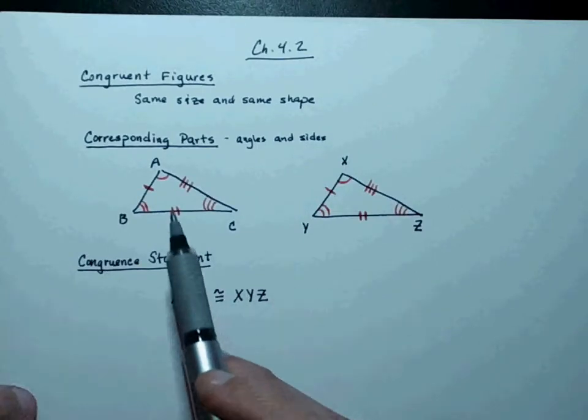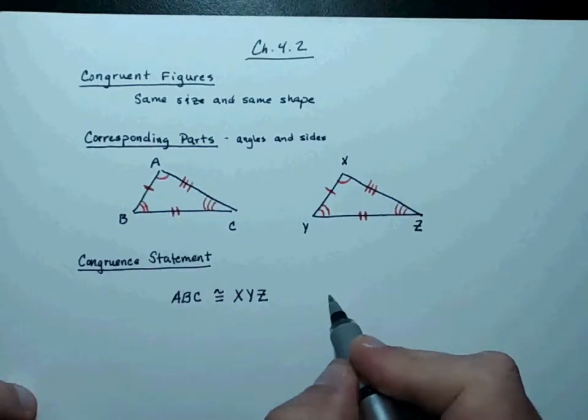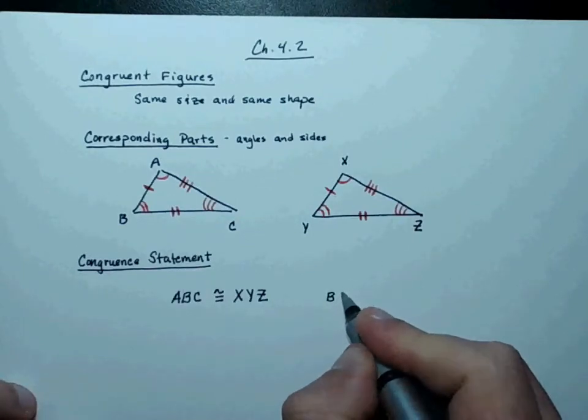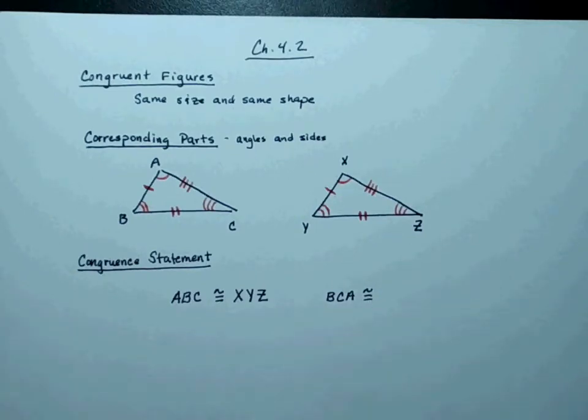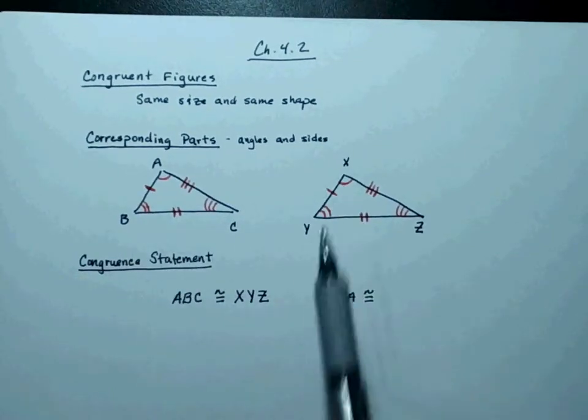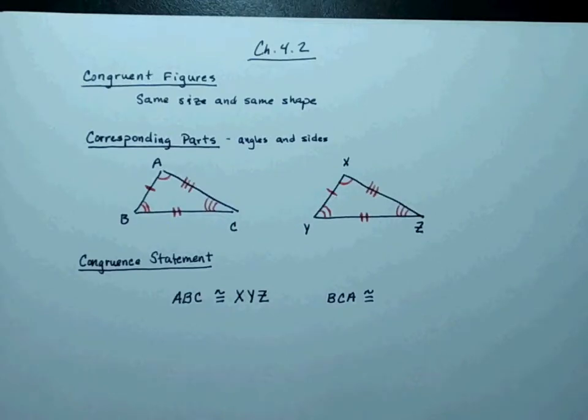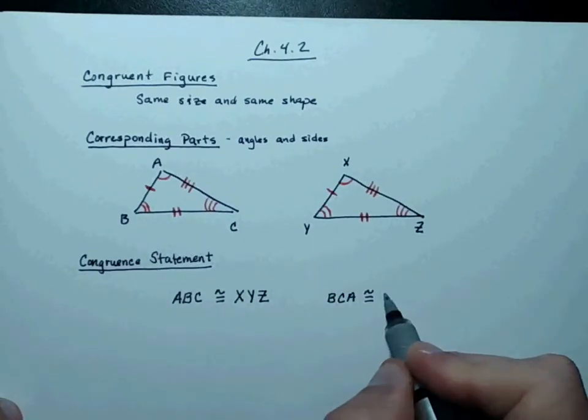If I would have named this triangle, let's say, BCA, I couldn't say that triangle BCA is congruent to XYZ because B does not correspond to X. We've got to match the corresponding parts. Since B corresponds with Y, we'd have to put Y first.